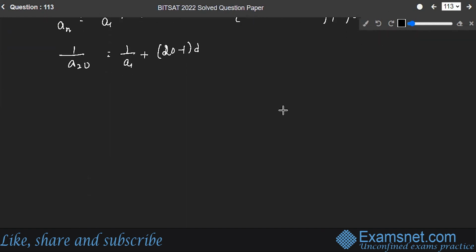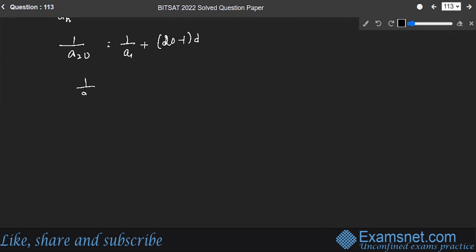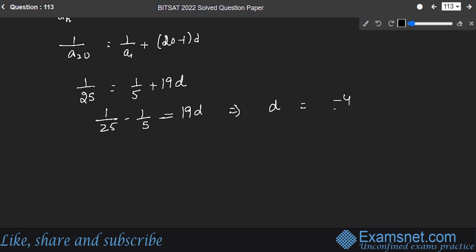Or that's equal to 1 by 25 is equal to this plus 19d. 1 upon 25 minus 1 upon 5 is equal to 19d. That gives you, on solving, the value of d as minus 4 upon this. This is the value of d.